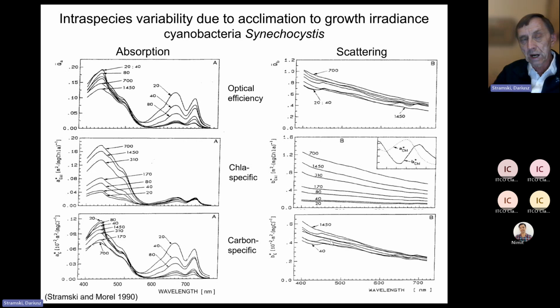These findings were at the origin of some earlier hypotheses that scattering or backscattering can form a relatively good proxy for carbon concentration in the ocean. That formed the basis for proposing the first ocean color remote sensing algorithms to derive particulate organic carbon from backscattering coefficients derived from remote sensing reflectance. But as you can see, this is still by no means a perfect proxy. Even for a single species, the scattering per carbon is quite variable.